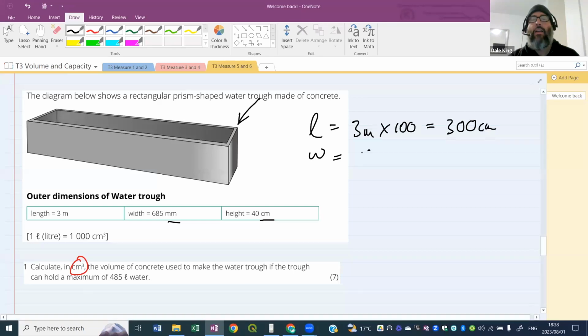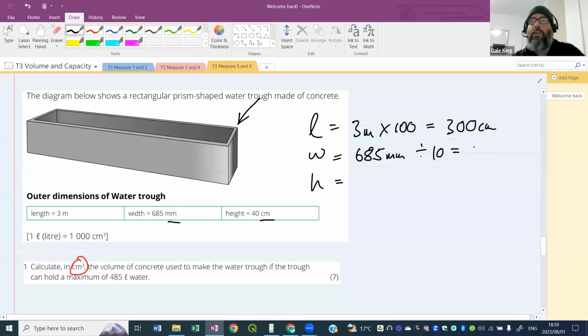685 millimeters divided by 100. Oh, careful. From millimeters to centimeters, you must just divide by 10. There's 10 millimeters in 1 centimeter.